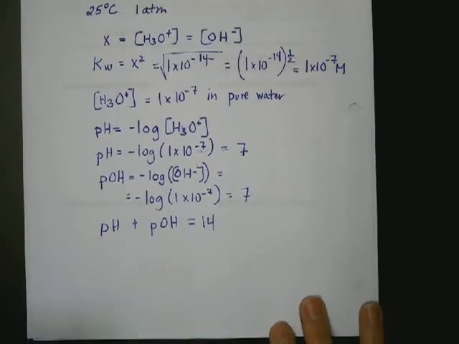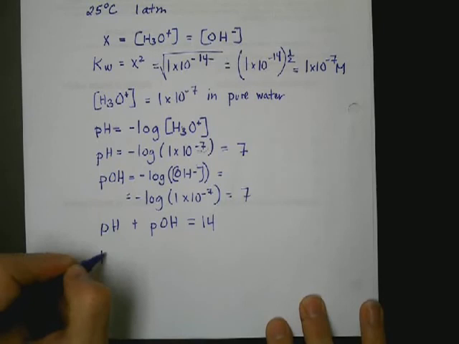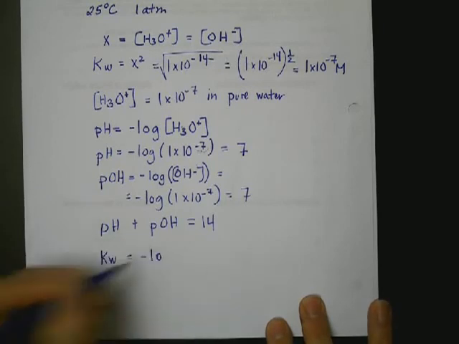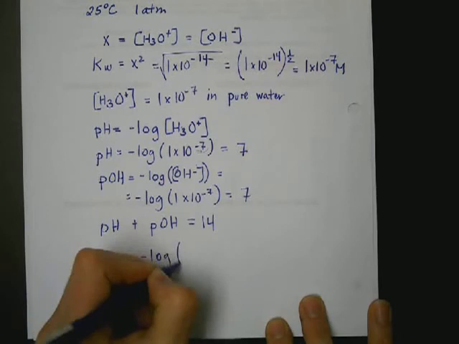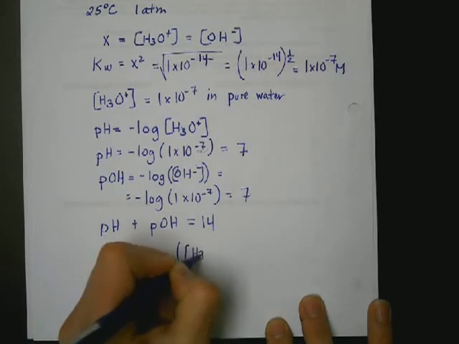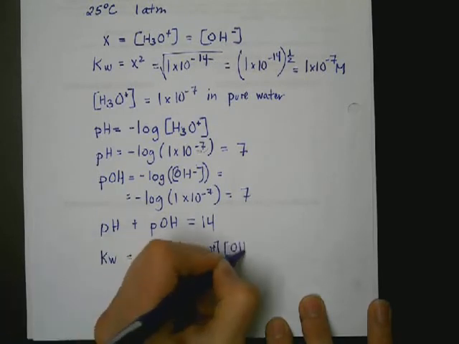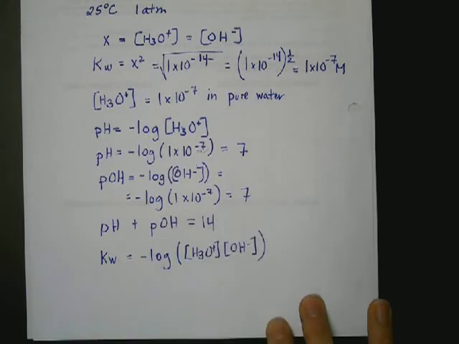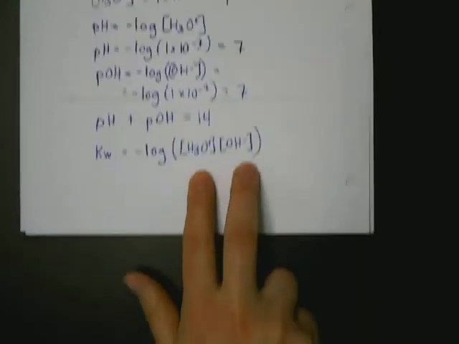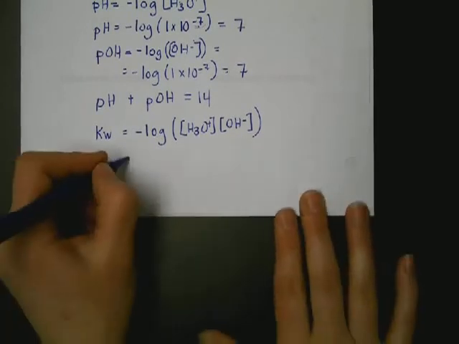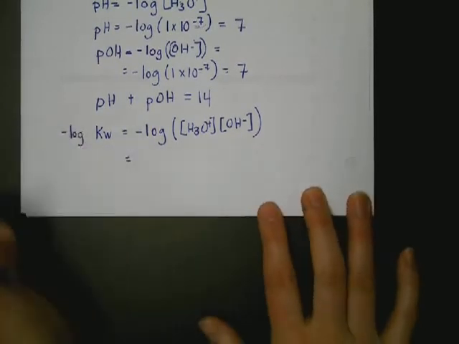I could also have derived this by taking my Kw expression. Do you remember properties of logs? When I'm taking the log of a multiplication of two variables, how do I break that down? Adding. Right. Oh, I forgot to take the negative log of this.